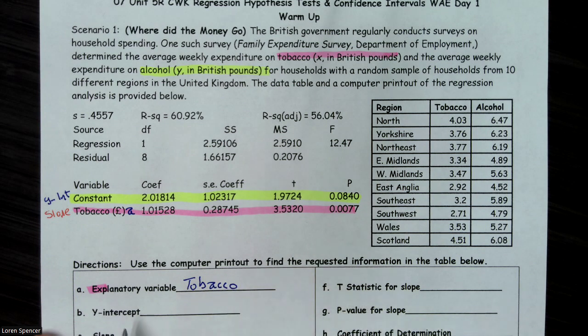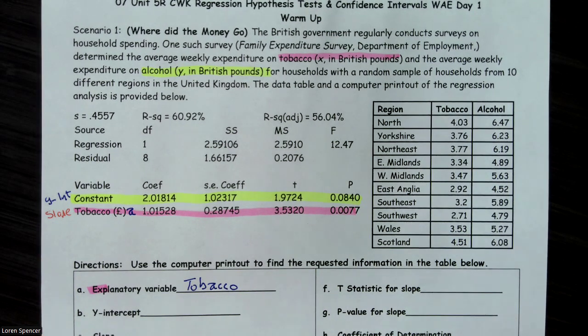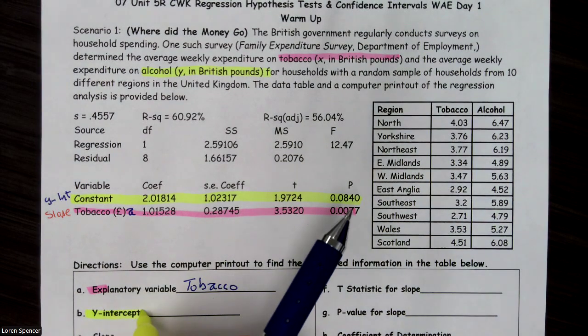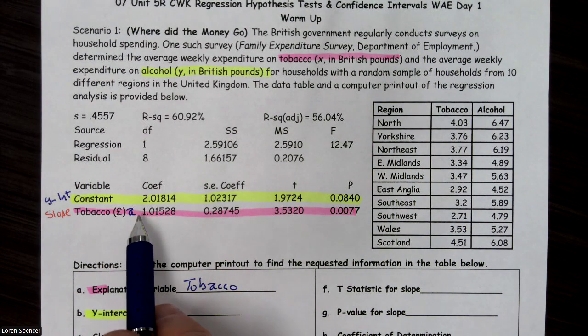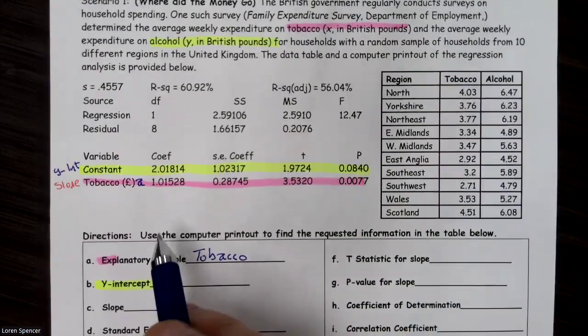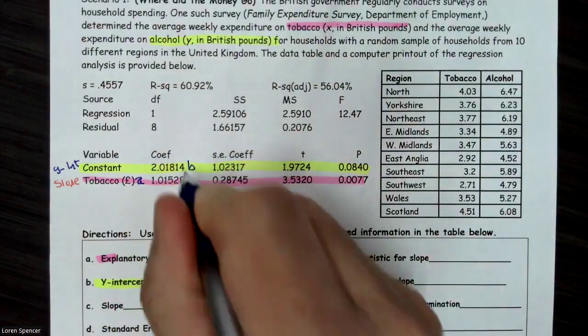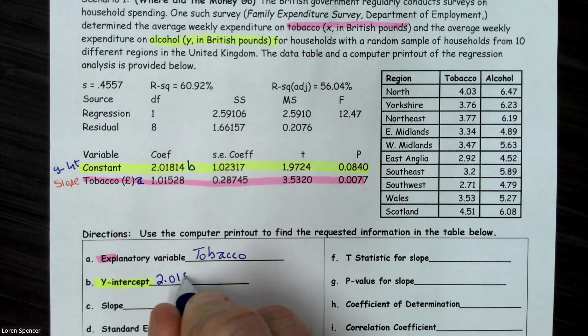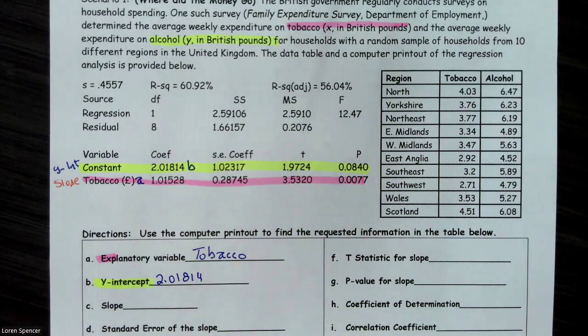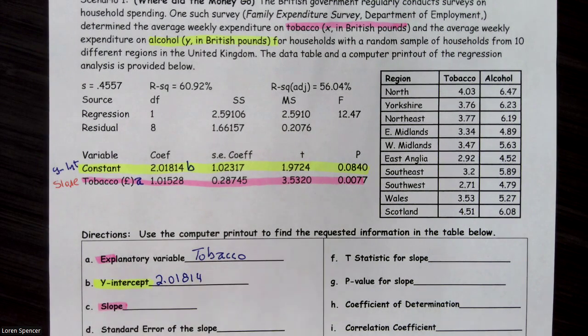All right. The next thing it asks for is the y-intercept. Well, we know the y-intercept is going to be on the y-intercept row. In fact, it's the very first number. And so in this case, it's 2.01814. Next thing we're asking for is the slope, and obviously it's going to be on the slope row.